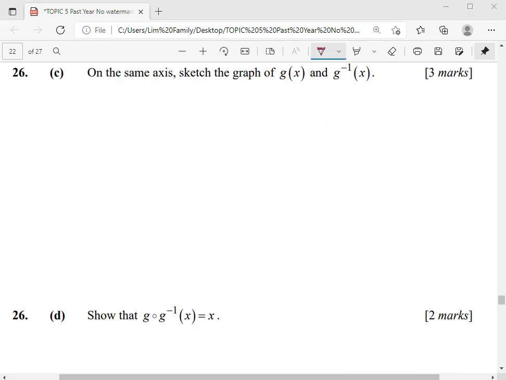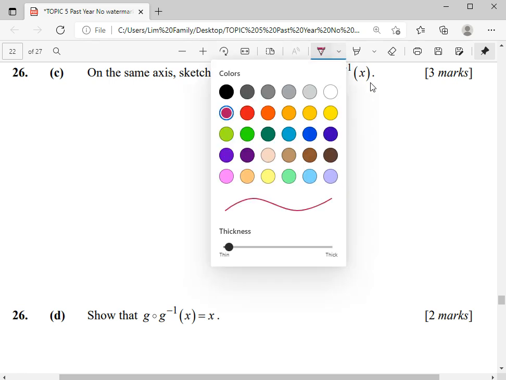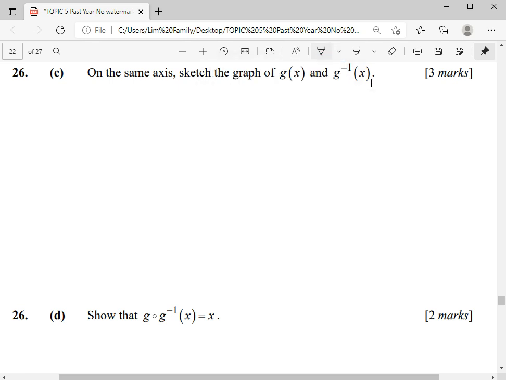Alright, so we continue. We are going to draw our rational function, and for the inverse we're going to use our concept of flipping, and then we get the inverse graph. First of all, we have to set up our x-axis and y-axis correctly.